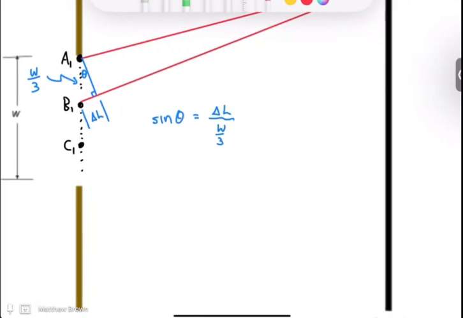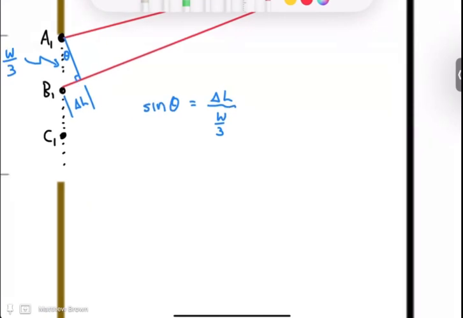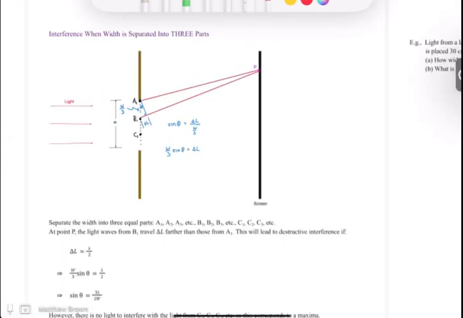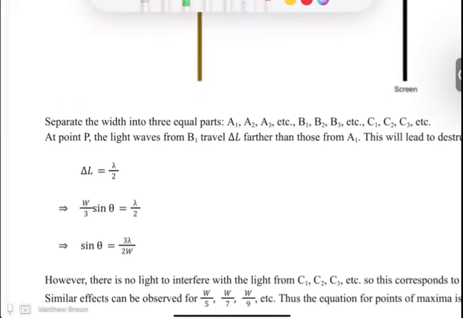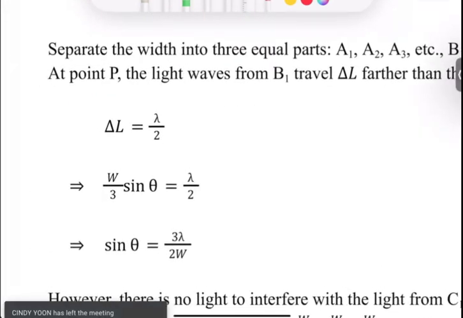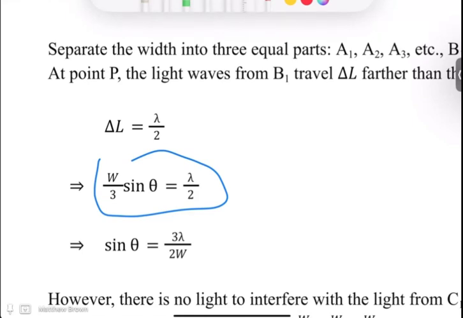Which of course we can multiply both the top and bottom by 3 if we want. I'll just move it over there because I think that's generally what we want. And if we want destructive interference here, we've got delta L has to be some multiple of lambda over 2. Here's what I just did up above, and then we get this equation here at the bottom.